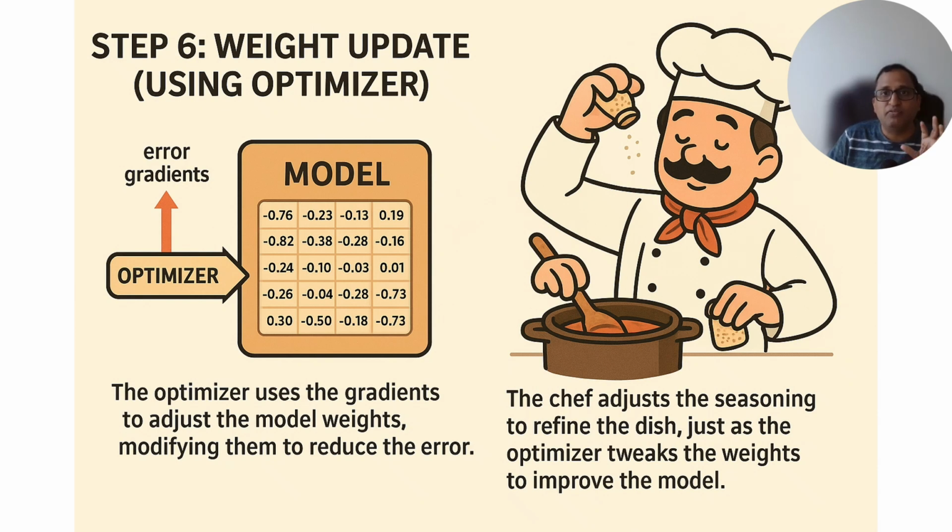Think of the optimizer as a model tuning tool. It uses the gradient value to decide how much to adjust each weight. There are many types of optimizers, like SGD, Adam, RMSprop, but the job is the same: take the gradient and make tiny changes to the weights to reduce future loss.